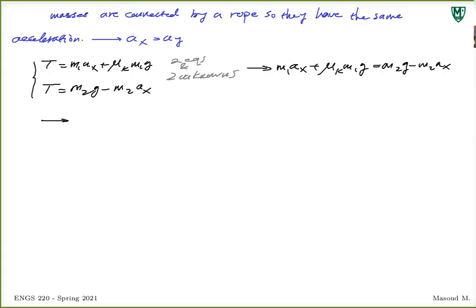If I simplify that, M2 and M can factor out. Did I make a mistake somewhere? No. So if I move that one this side, that would be M1 plus M2 times AX is equal to M2G minus mu K M1G.